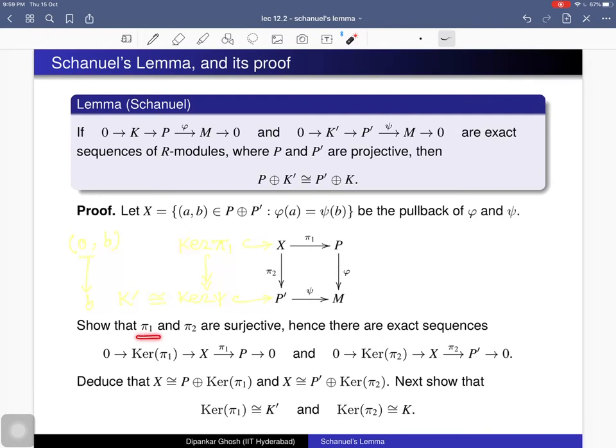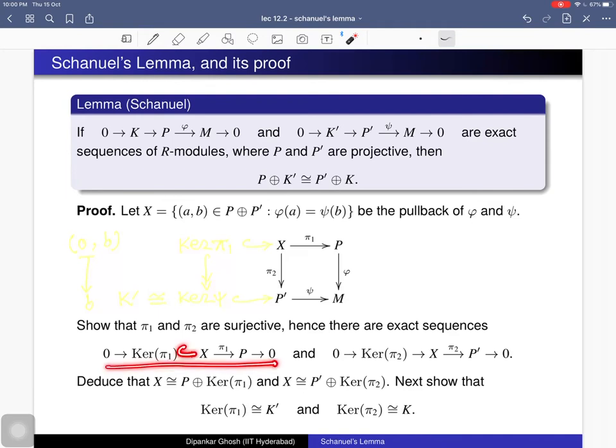So, considering pi 1 and pi 2, we can construct other short exact sequences like this. This pi 1 is surjective, and pi 1 is a map from X to P. So, if we consider the kernel of pi 1, then it gives a short exact sequence.